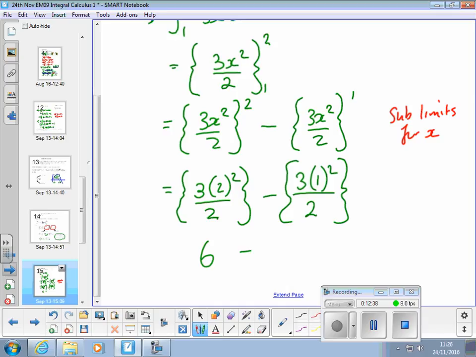Yeah, order of precedence. 3 times 2. You've got to do 2 squared, 4, and then multiply it by 3. Yeah, 4 threes are 12. 12 divided by 2 is 6. 1 squared is 1, so that's minus 3 over 2, and the answer is 6 minus 1.5, 4.5.